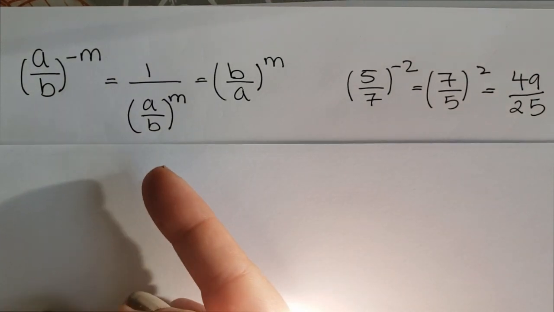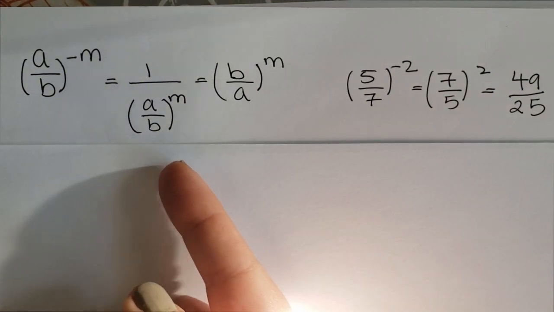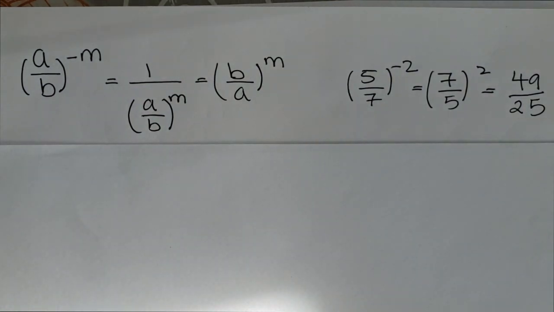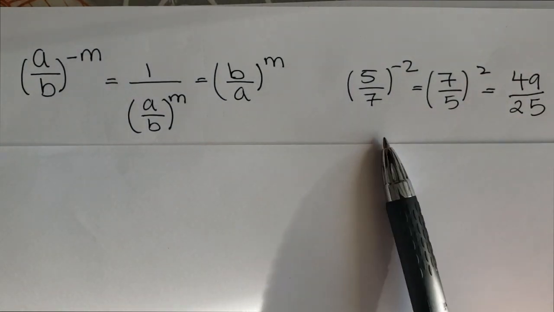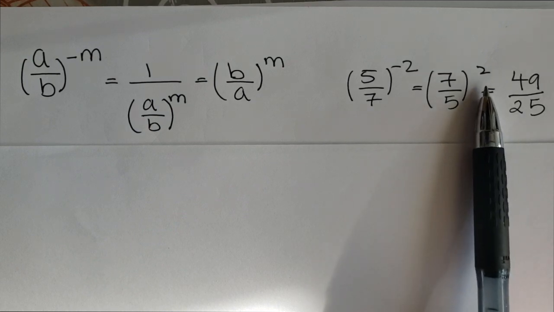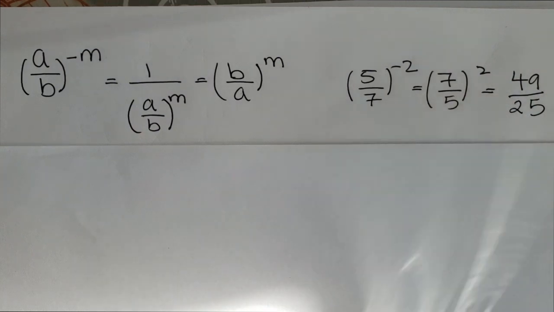So the base, which is a over b, turns into b over a, right? And then the exponent will turn out to be positive. So an example would be 5 over 7 to the power negative 2. It will turn into, flip the fraction, 7 over 5. The power would be positive, 49 over 25.